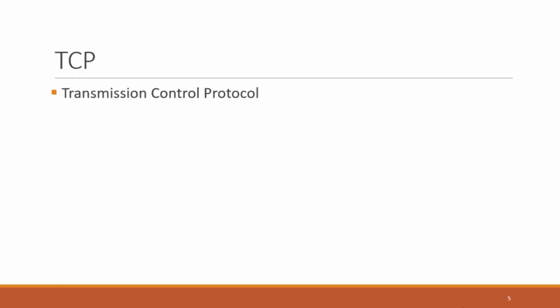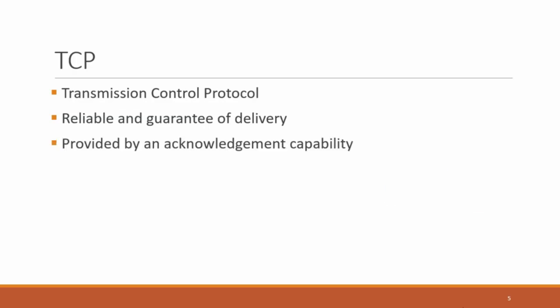And now we have TCP, Transmission Control Protocol. The main protocol for most of the network traffic we will analyze is TCP. This is because TCP is used by the majority of the different protocols. It provides us the reliability that we need for network communications that require it. Remember, we have the guarantee of delivery. We get this guarantee of delivery by an acknowledge capability.